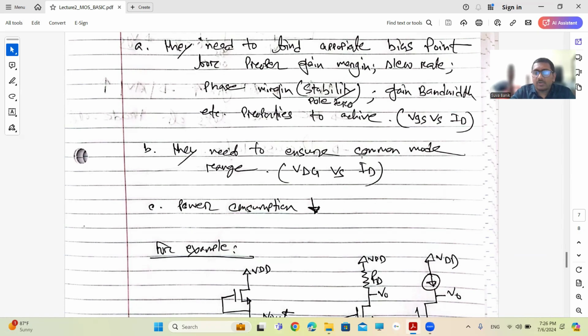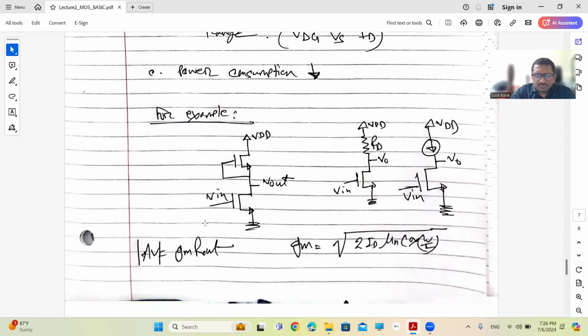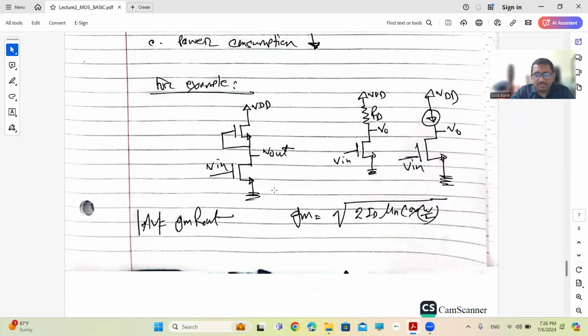For example, we also need to find the common mode range. To find the common mode range for any operational amplifier, for example a two-stage op-amp or a fully cascode op-amp, we need this curve. There's also a point for power consumption, in which point is more appropriate for me. For example, in my first lecture, I discussed the common source amplifier.